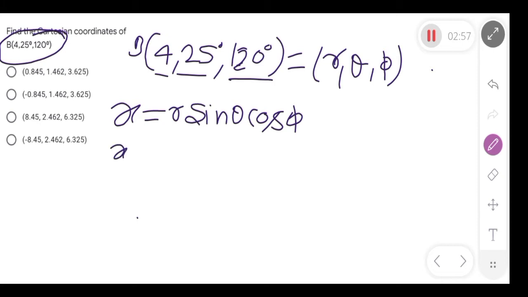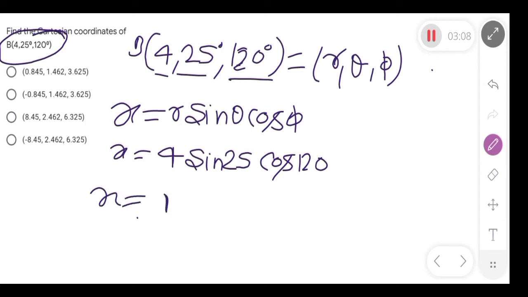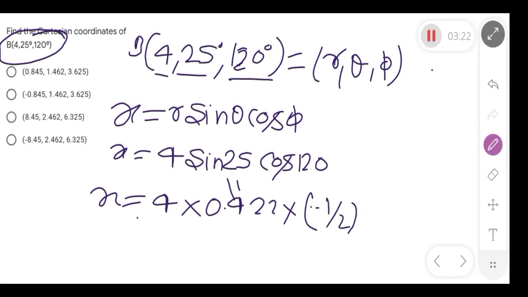Now we get x is equal to 4 sin 25 and cos 120. Then x is equal to 4 into the value of sin 25, which is 0.422, and the value of cos 120 degrees is minus 1 by 2. Now 2 and 2, 2 2s are 4.